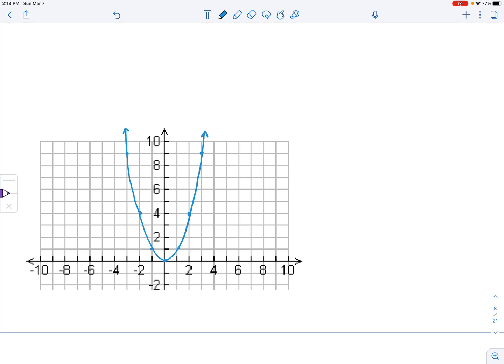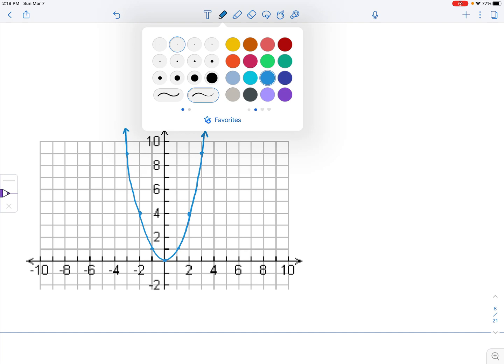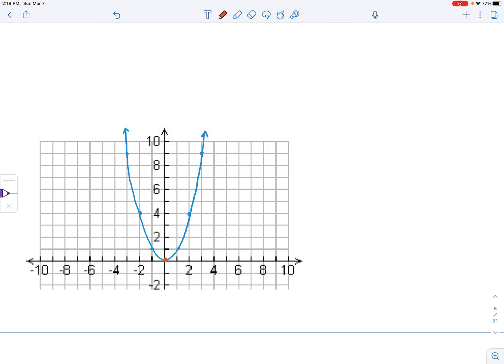But I'm going to draw arrows going to positive infinity as x approaches positive and negative infinity. Okay, still have that relative min at (0, 0), as well as the absolute min.